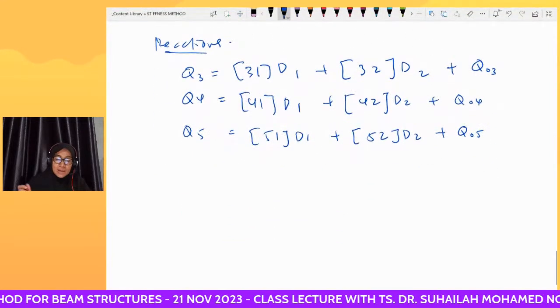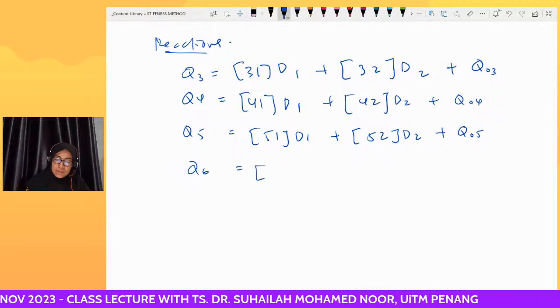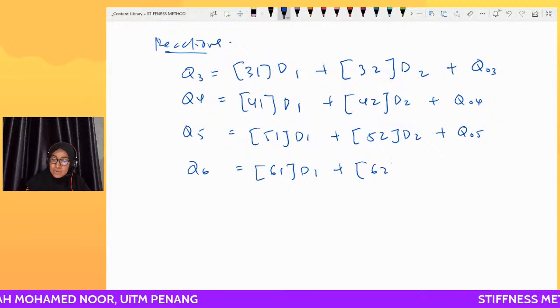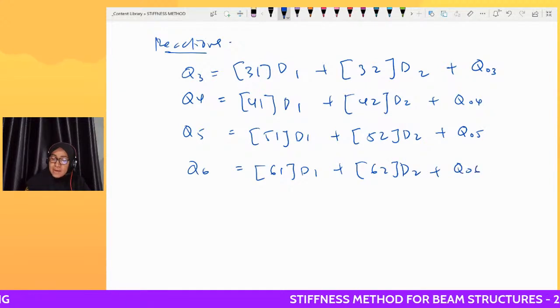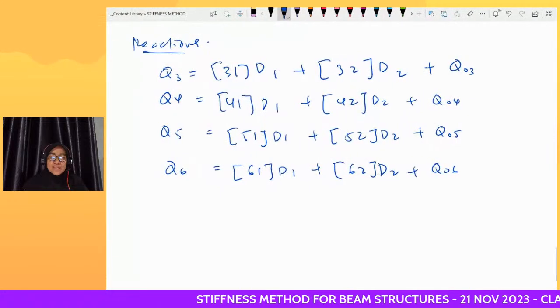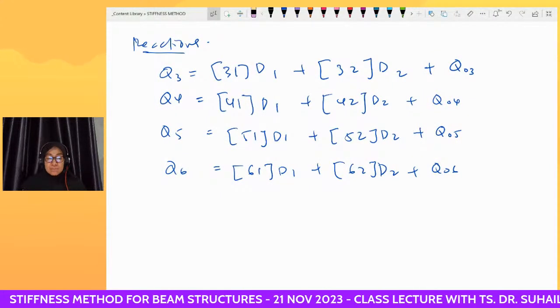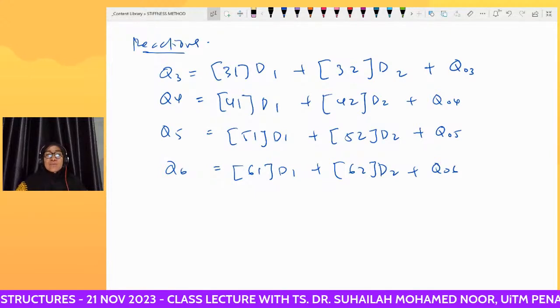Okay, and Q6 is 61 D1 plus 62 D2 plus Q naught at position 6. So all this is actually matrix multiplication. This is the process to get reaction.